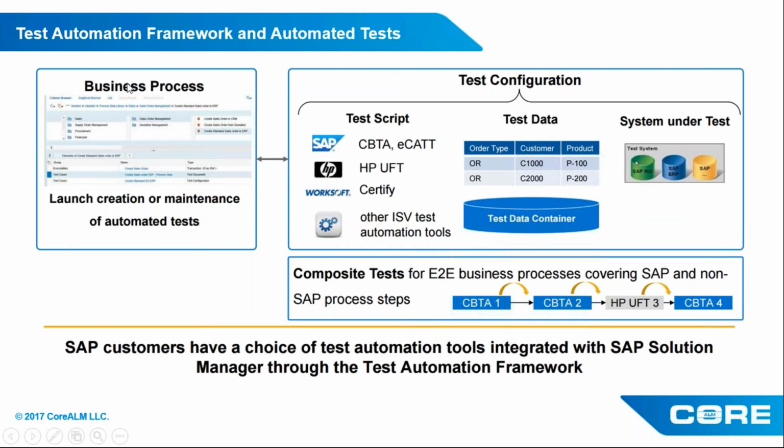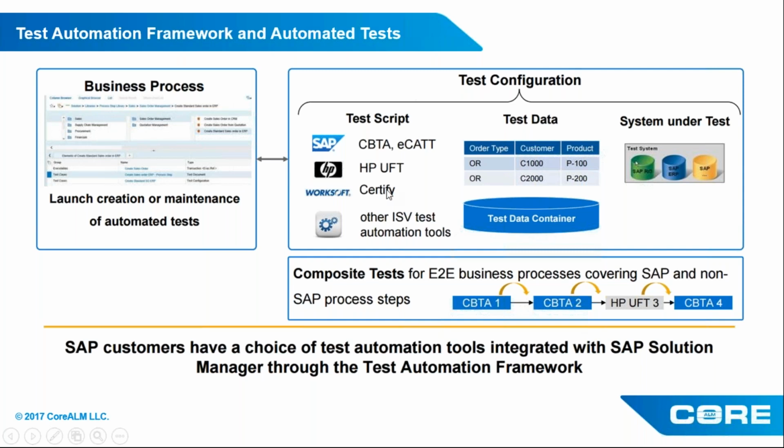So, the test automation framework. The way this works is within Solution Manager 7.2. This is where it looks now, the hierarchies and the folder structures with executables and the business processes. And so from there, you create a test configuration.